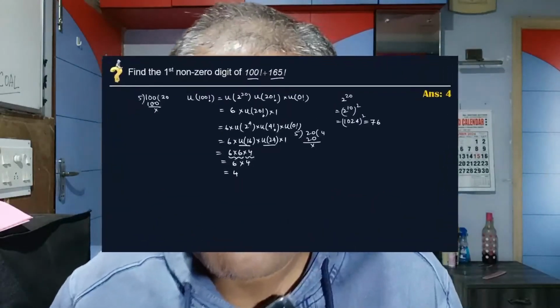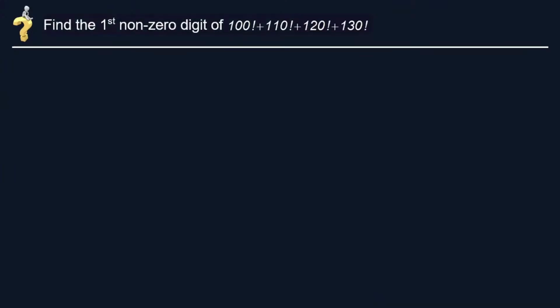Then he will find out the first non-zero digit of factorial 165. Then he will see that 165 will have more ciphers at the end. Therefore, he will come to our same logic, but after doing so much work. To save time, apply common sense.